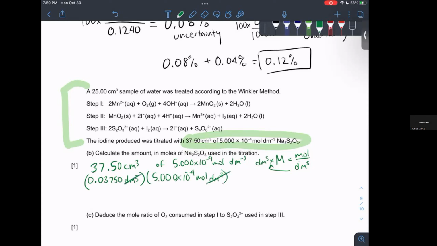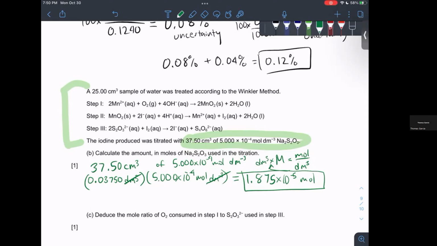Units cancel, and we end up with a total of 1.875 times 10 to the minus 5th mole. It's just a molarity calculation.